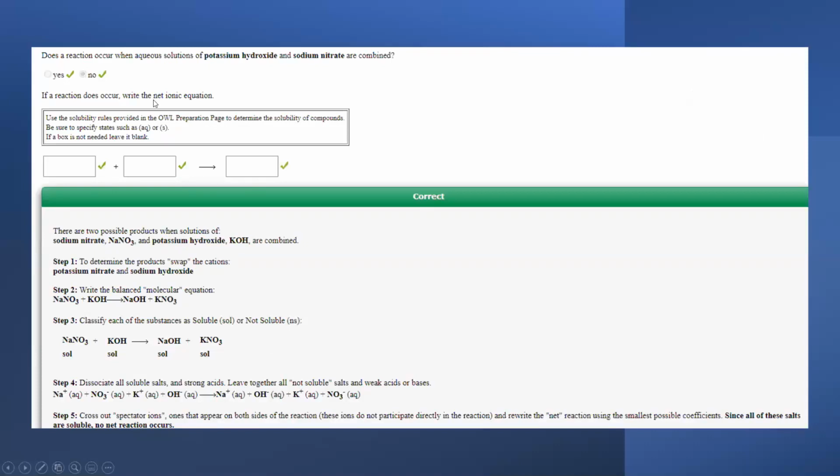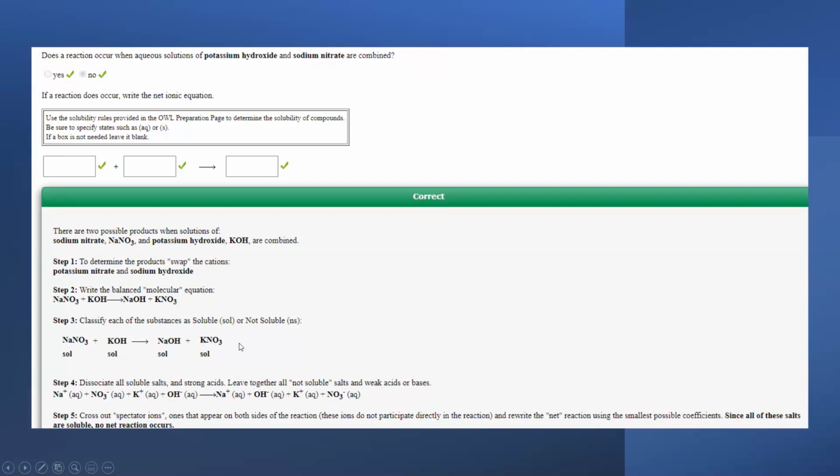Here you have another example. They ask you, does a reaction occur in aqueous solution for potassium hydroxide and sodium nitrate? You say, well, sodium nitrate is soluble. Potassium hydroxide is soluble. It is a double displacement reaction. Sodium will combine with hydroxide to form sodium hydroxide, and potassium will combine with nitrate to form potassium nitrate.